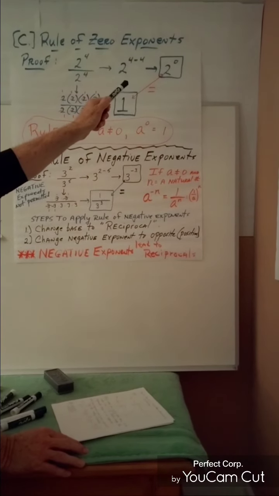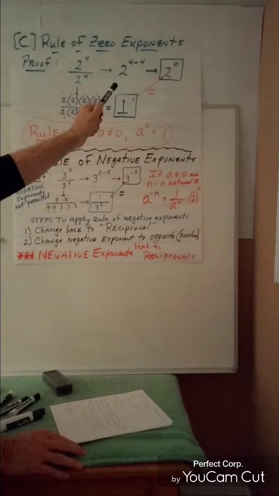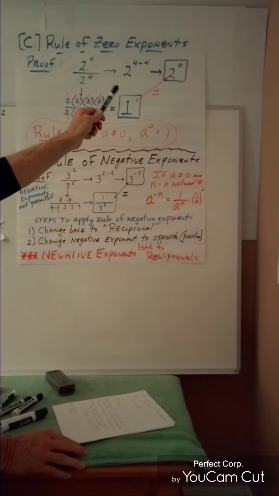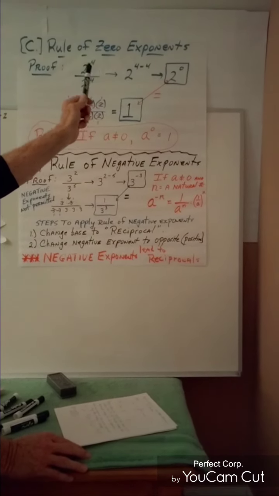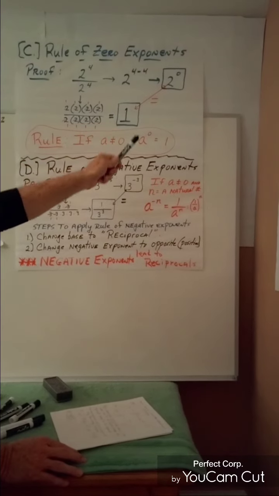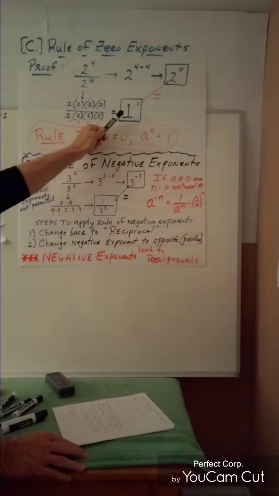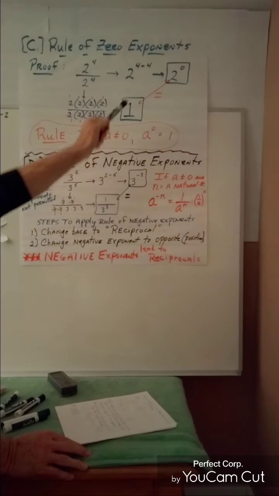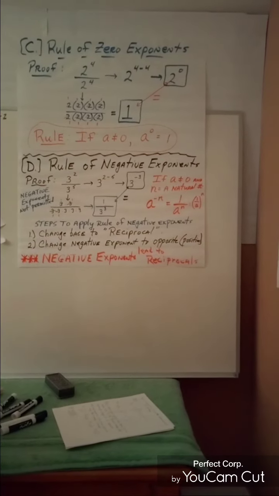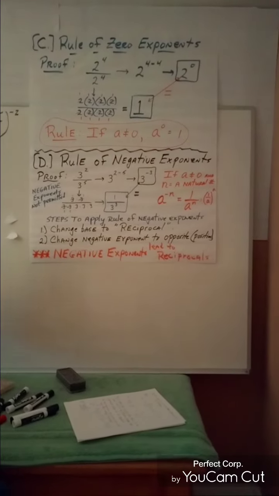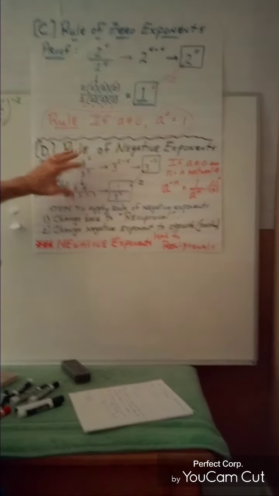Zero exponents are not allowed for an answer. They're not permitted. So the rule of zero exponents says any non-zero base taken to the zero power is 1. So 1 is the simplified answer. 2 to the 0 is not. That's not permitted.